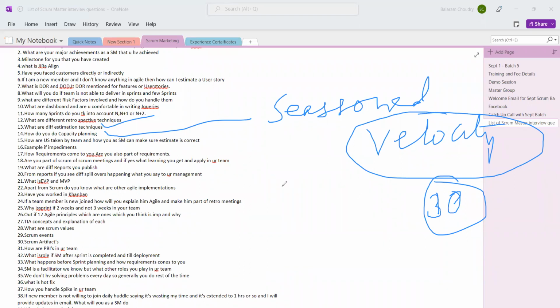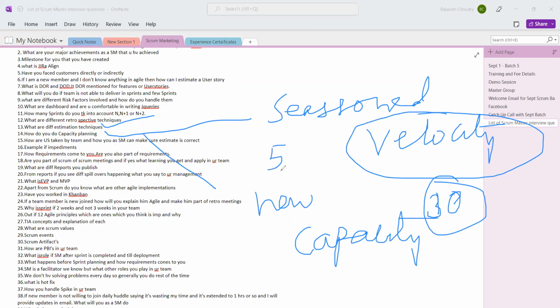And if it is a new team, we will take the capacity approach. Now, what is this capacity? Because we don't have past data, we will assign 5 story points per developer instead of 8.